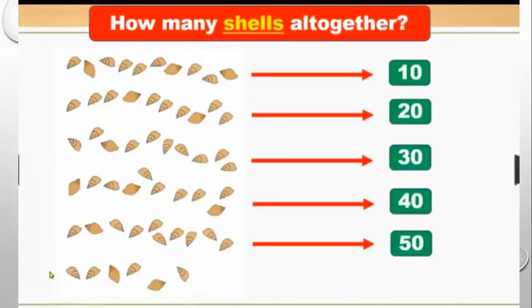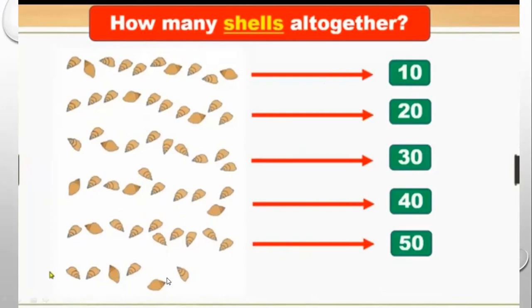If they are less than 10, we are not going to say they are tens. 1, 2, 3, 4, 5, 6. So here are only 6. So we are not going to say that they are tens.